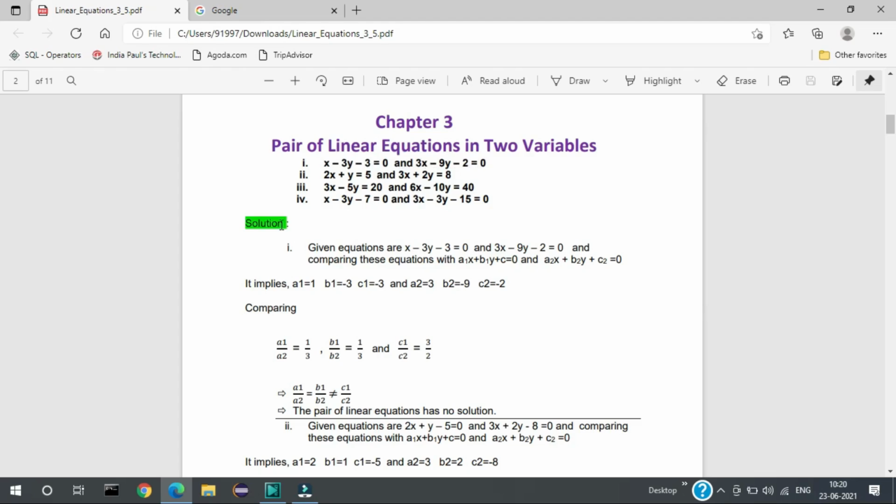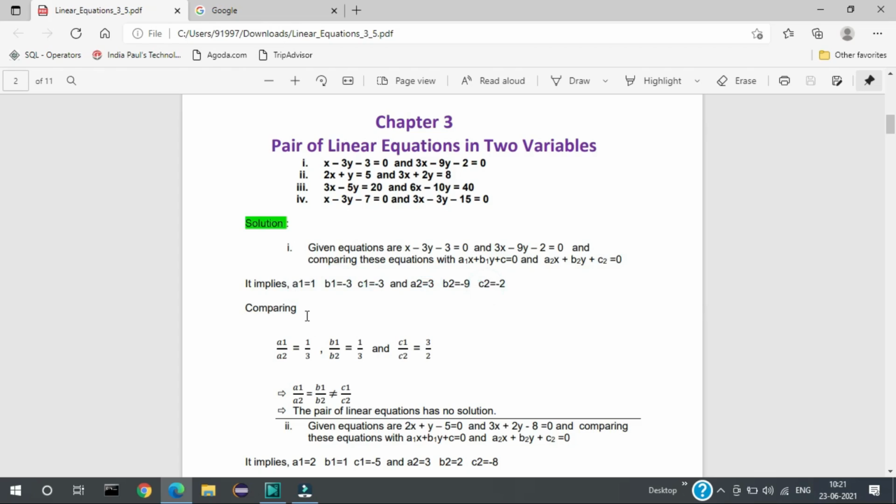Coming to the solution. Given equations are x minus 3y minus 3 equals to 0 and 3x minus 9y minus 2 equals to 0. Comparing these equations first of all with a1x plus b1y plus c1 equals to 0 and a2x plus b2y plus c2 equals to 0, we will get a1, b1, c1 and a2, b2, c2.